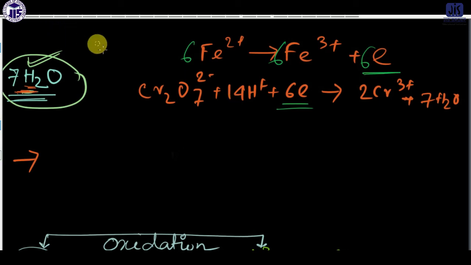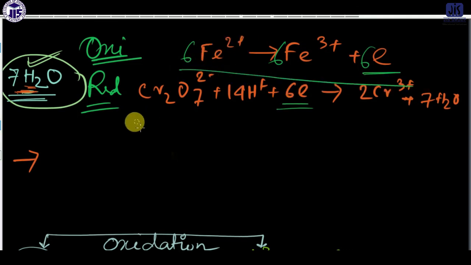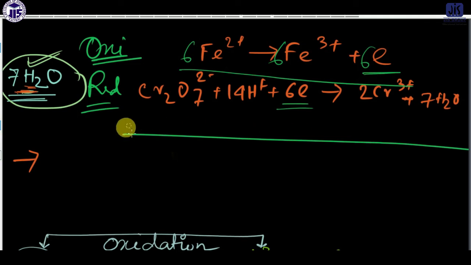This is the oxidation reaction, this is the reduction reaction. The reduction reaction is no problem, there are 6 electrons by multiplying only 1, but here we have to multiply by 6. Okay, and then what will be the final equation?